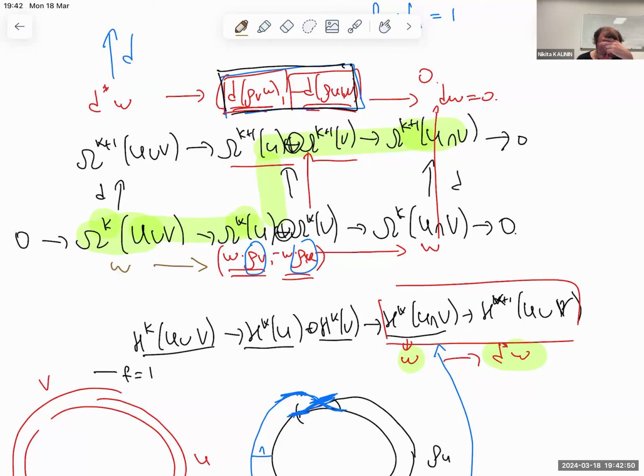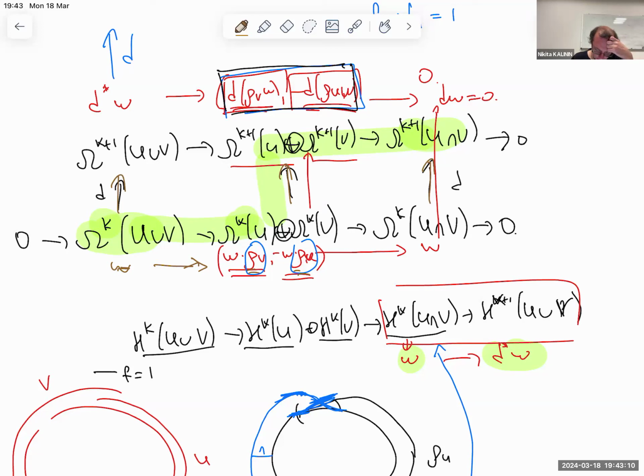Here it was just restriction. And here it was like that, so we multiplied by rho v, rho u. So here just the differential.